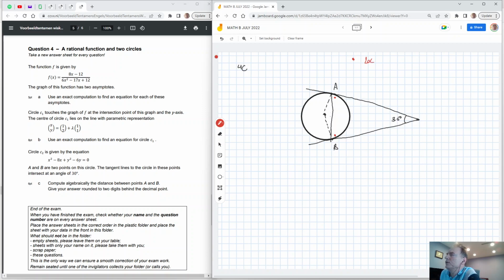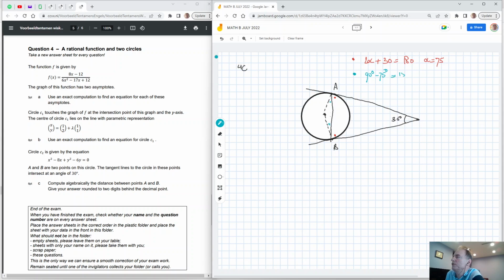That 2 alpha plus 30 has to be 180. So alpha is 75. Then we can find out what these small angles are, because these are just 90 degrees minus 75, because the radii are perpendicular to the tangent.